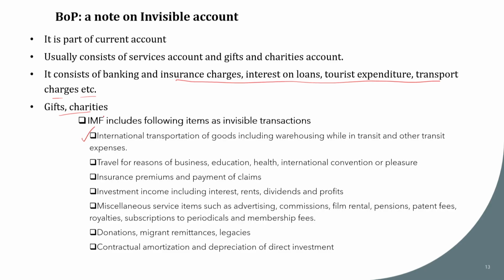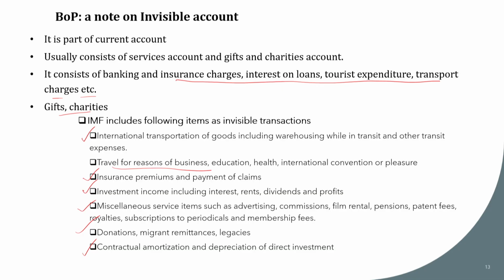You can see international transactions of goods including warehousing while in transit and other transit expenses, and travel for reasons of business, education, health and international convention or pleasure, insurance premiums and payment of claims, investment income including interest, rents, dividends and profit, miscellaneous services such as advertising, commission, film rental, pension, patent fees, etc., and donations, migrant remittances and legacies, and contractual amortization and depreciation of direct investment.